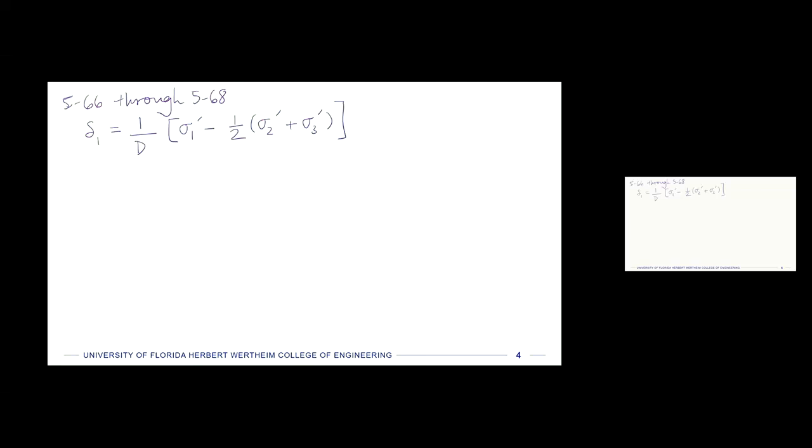And then we can have the same thing for delta 2 and delta 3. And these are not unitless values, so these are actually the plastic deformation. Sorry, this is not the plastic strain. I should really be careful about deformation versus strain. So these are deformations.